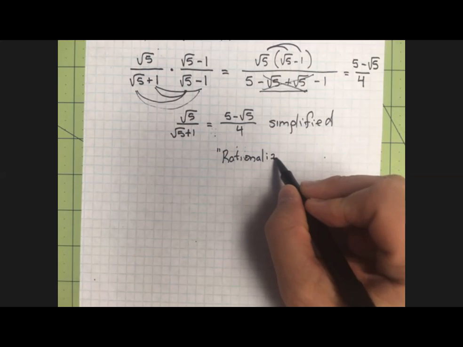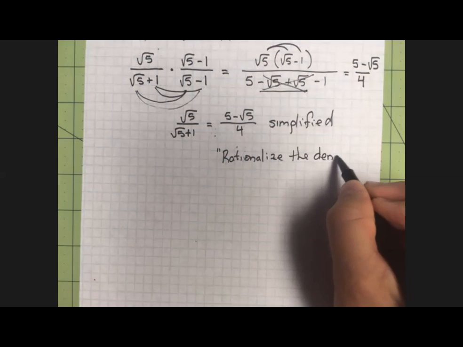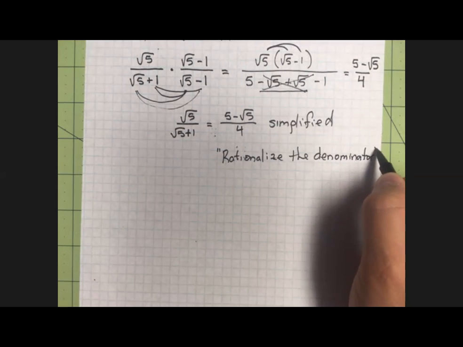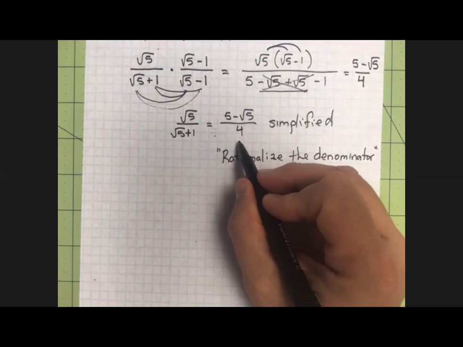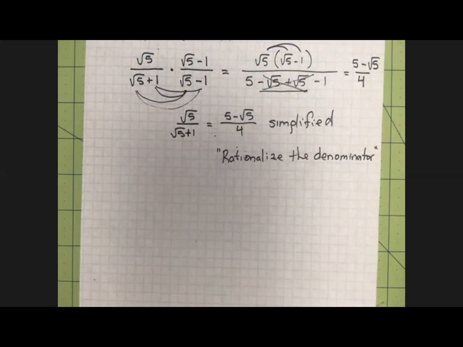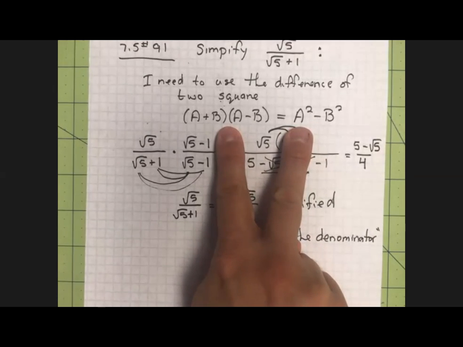So whenever someone says rationalize the denominator, they want you to rewrite it so that there are no more radicals downstairs. It takes a little bit of practice, but those are the two tricks you use: you fill up the radical, or you use the difference of two squares.